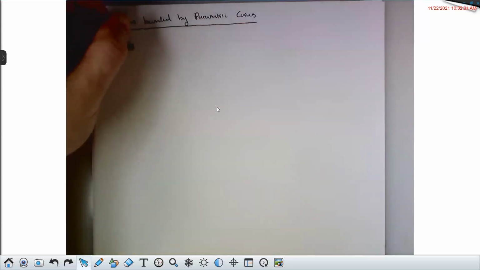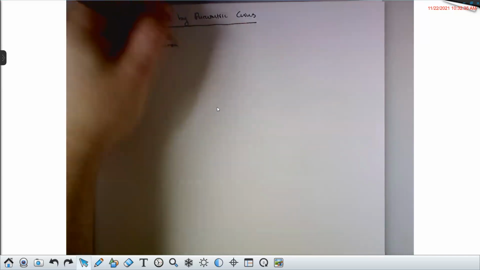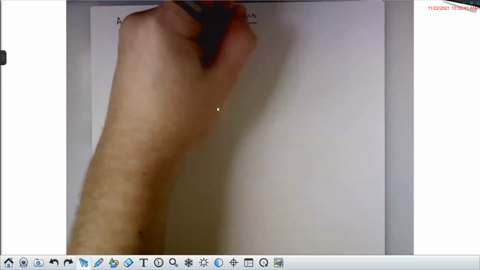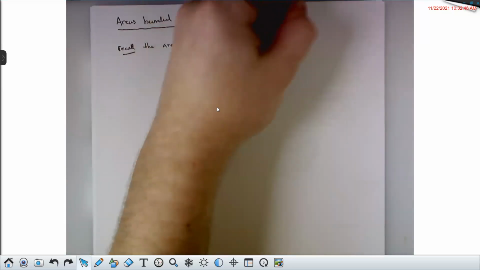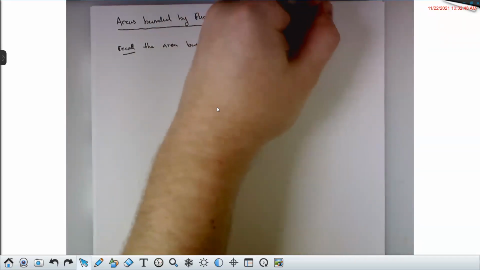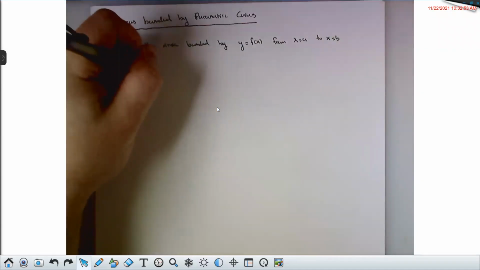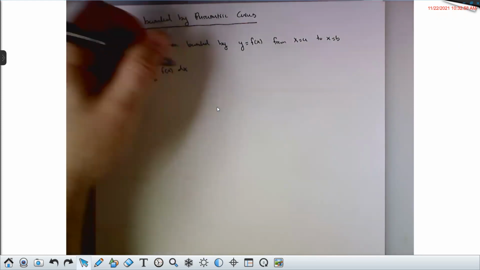Just like we can do all the tangent stuff, we can do all the area stuff. Recall? I know everybody remembers this. The area bounded by the curve y equals f of x from x equals a to x equals b is just the integral from a to b of f of x dx.